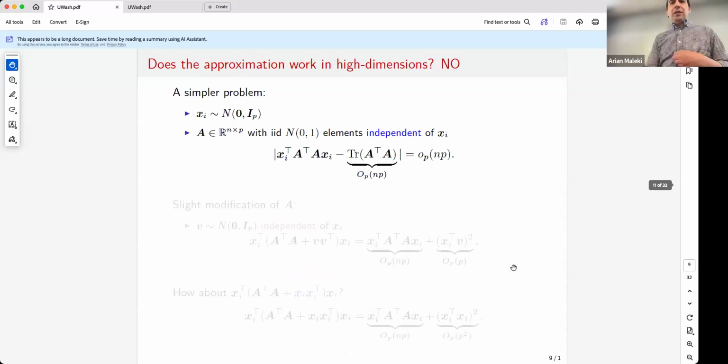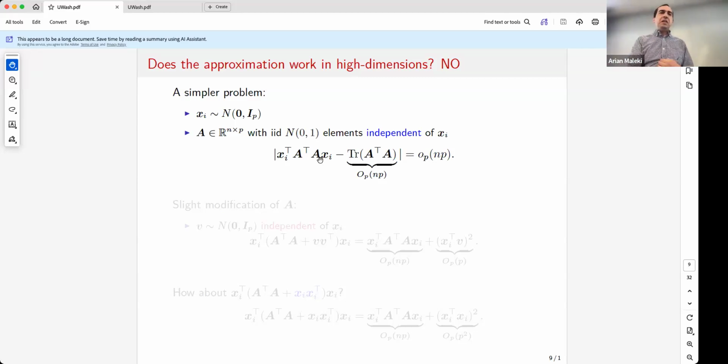Okay, so this is an issue that happens in high dimensional settings, and this is one of the subtleties: every time we go from low dimensional to high dimensional, we have to be very careful, and the analysis becomes more complicated. So let's say I'm making the problem even easier now. The problem is the following.